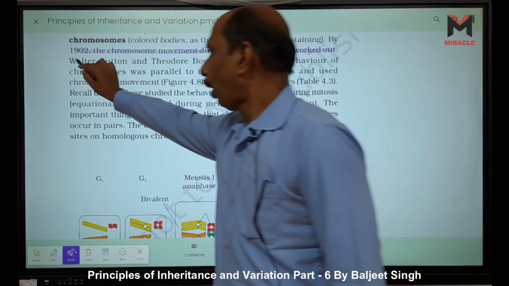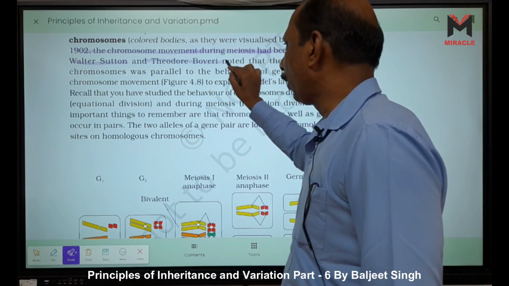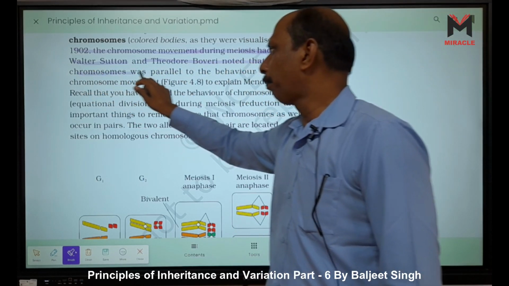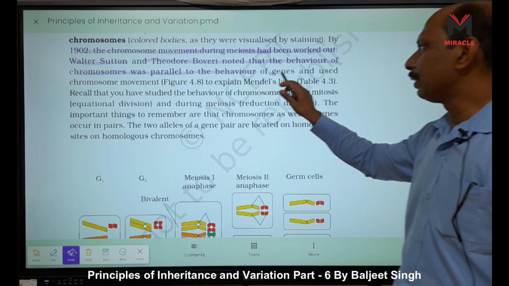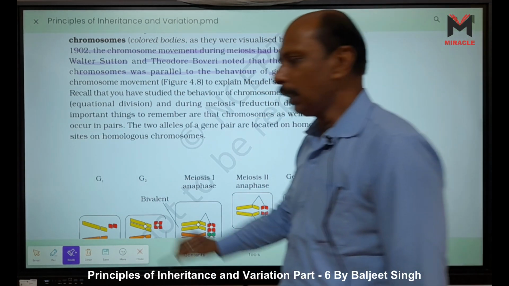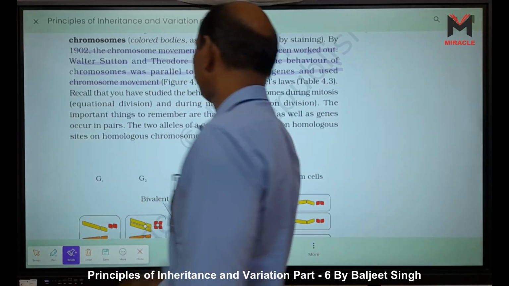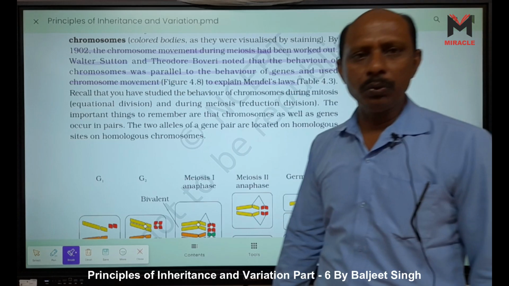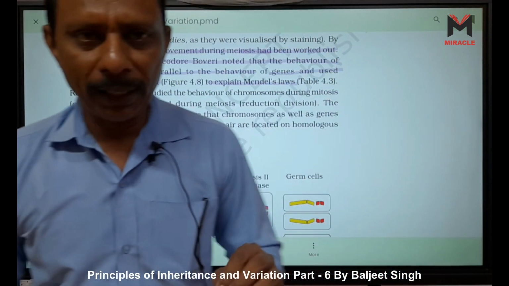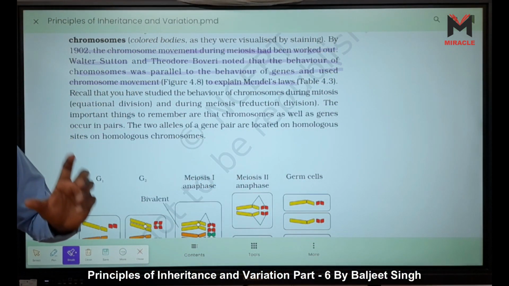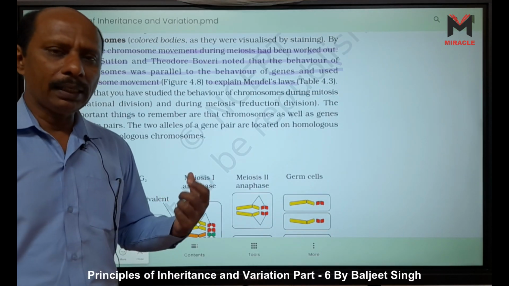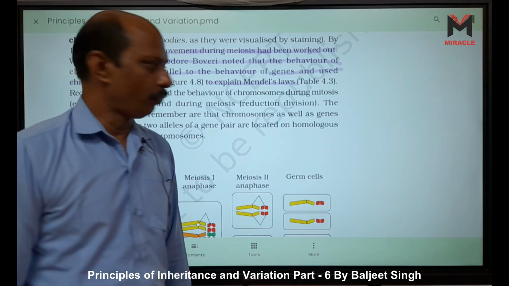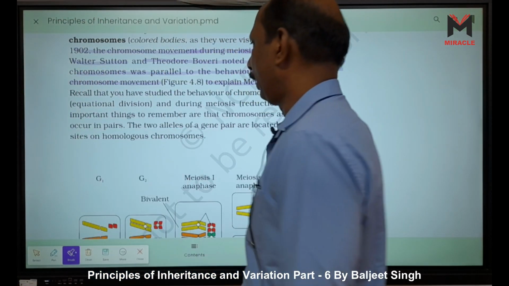Walter Sutton and Theodor Boveri noted that the behavior of chromosomes was parallel to the behavior of genes, and they used chromosome movement to explain Mendel's laws. That's why they proposed a theory, which is called the chromosomal theory of inheritance.